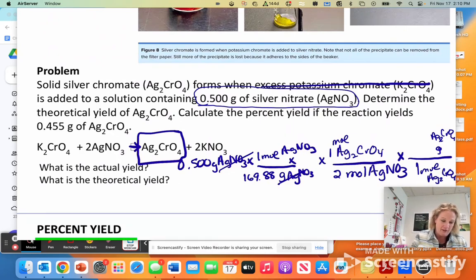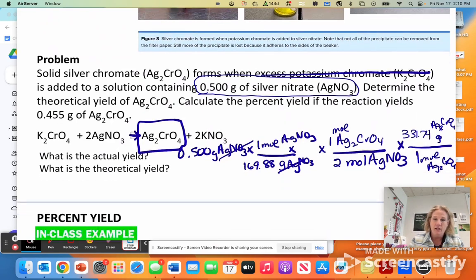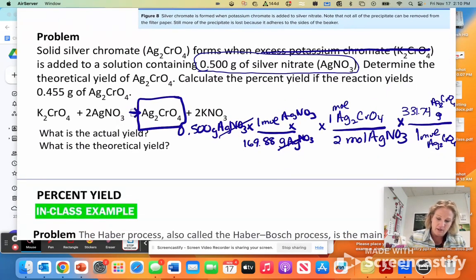So again, I'll calculate it with you. So silver is 107.87, and there's 2 of them, plus the chromium, which is 52, plus oxygen times 4. So we get 331.74 grams per mole. So then I can just calculate it, and you can see that my units, the grams of the silver nitrate cancel, the moles of the silver nitrate cancel, then the moles of the silver chromate cancel.